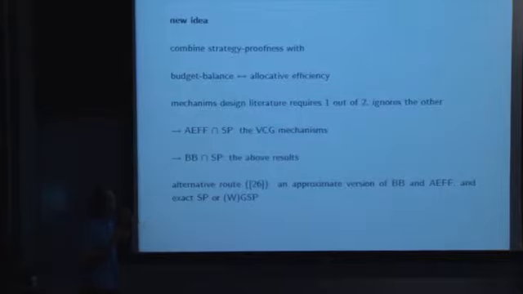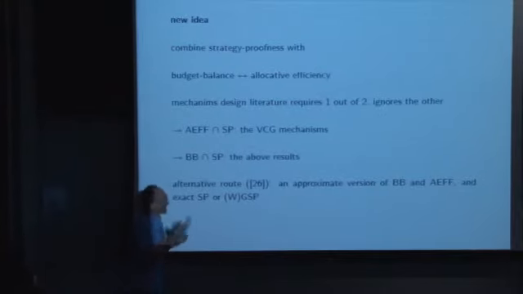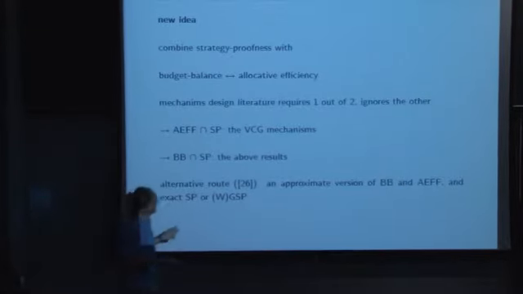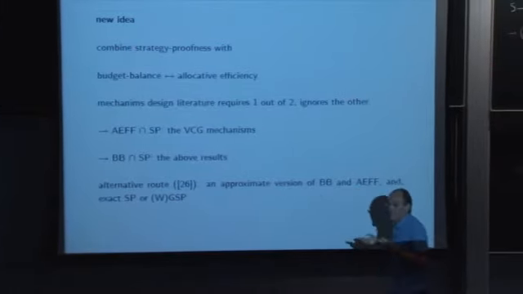But a more global approach is the one that Tim has introduced a little while ago, which is to try to combine the two things of budget balance and allocative efficiency by doing jointly an approximate version of both.